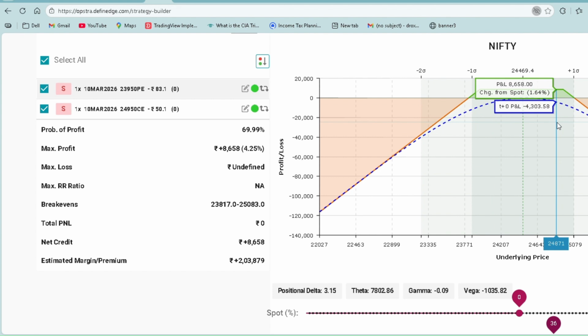So the short strangle strategy works best when the market stays range bound. It can generate income from both option premiums, but traders must understand the risks involved.